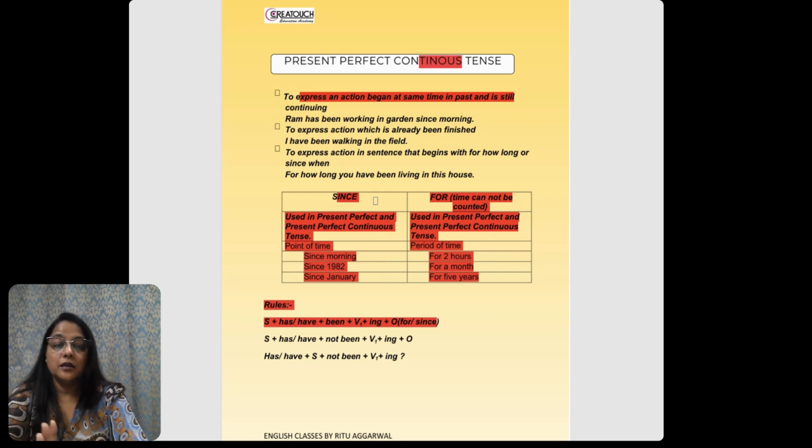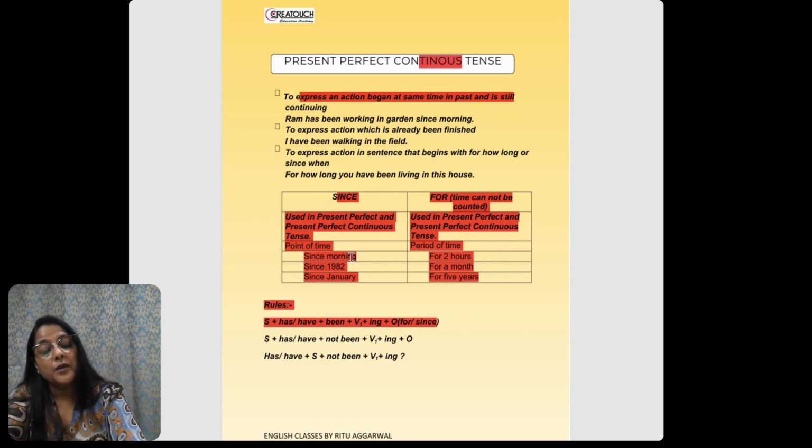So just remember that since and for are used according to point of time and period of time, right? When you count how many hours you have worked, how many months you have worked, how many years you have spent, we generally use this.